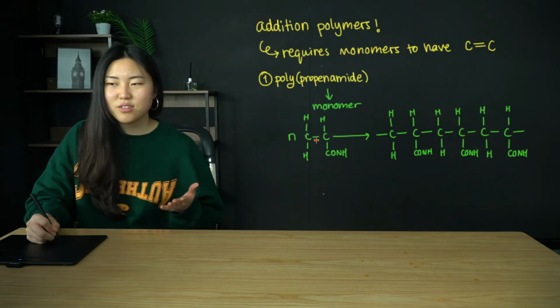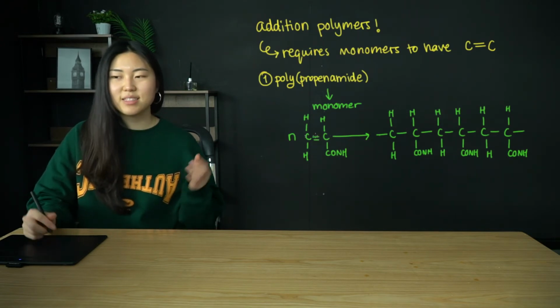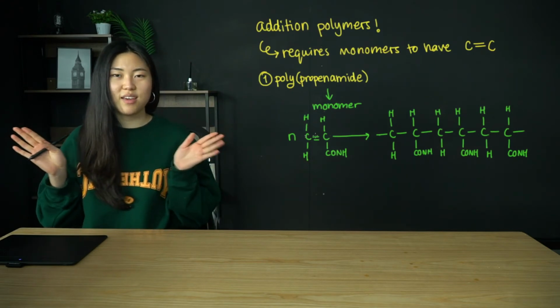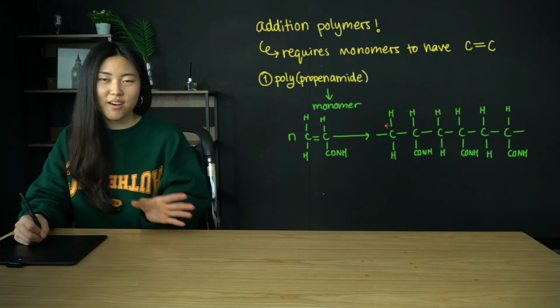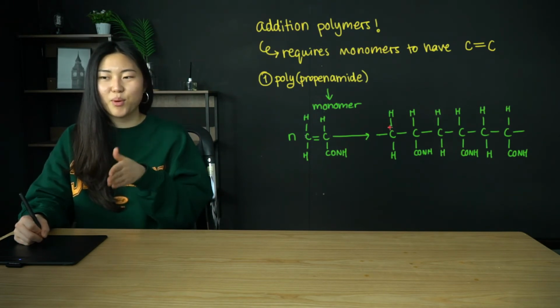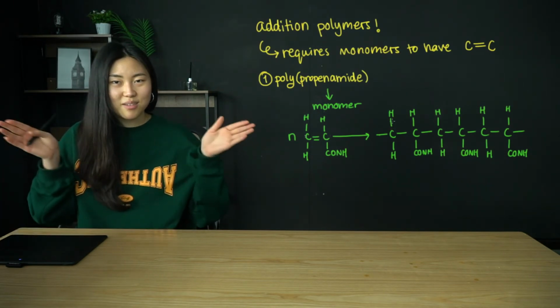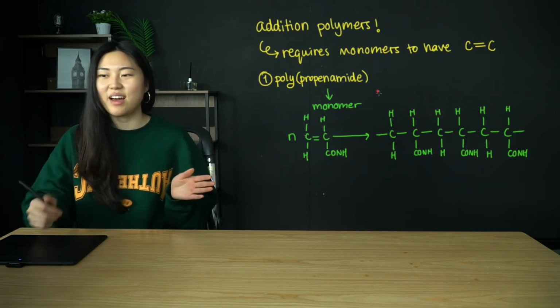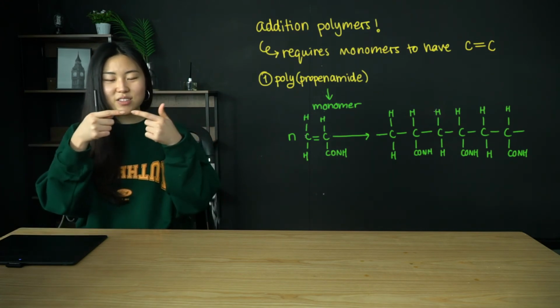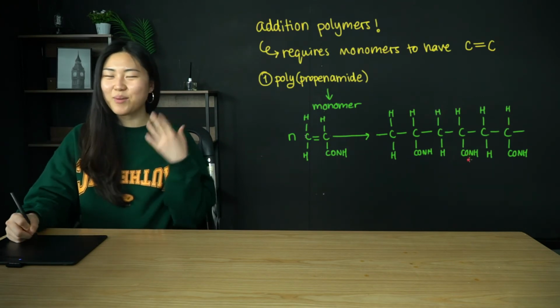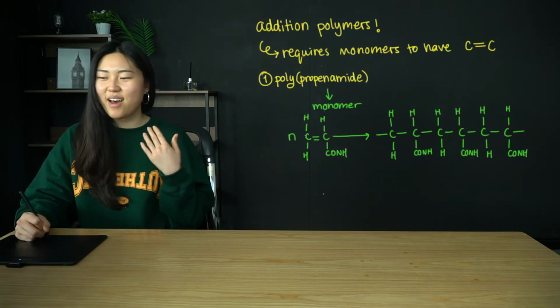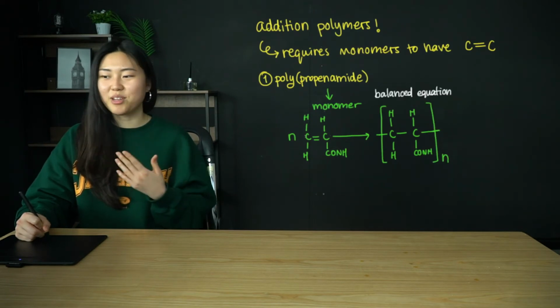Amongst the two bonds, you just break one of them, and half of them have been extended to either side, and you have many of those monomers that have broken one of the double bonds, and then have half bonds on either side, and the half bonds meet and form a full bond.